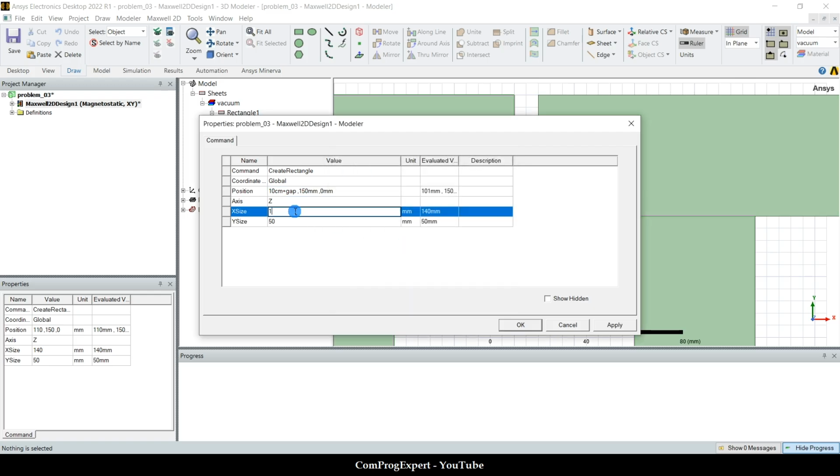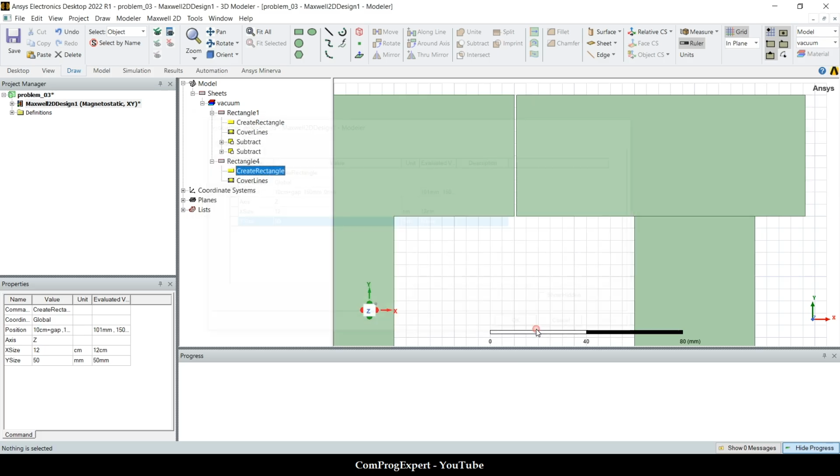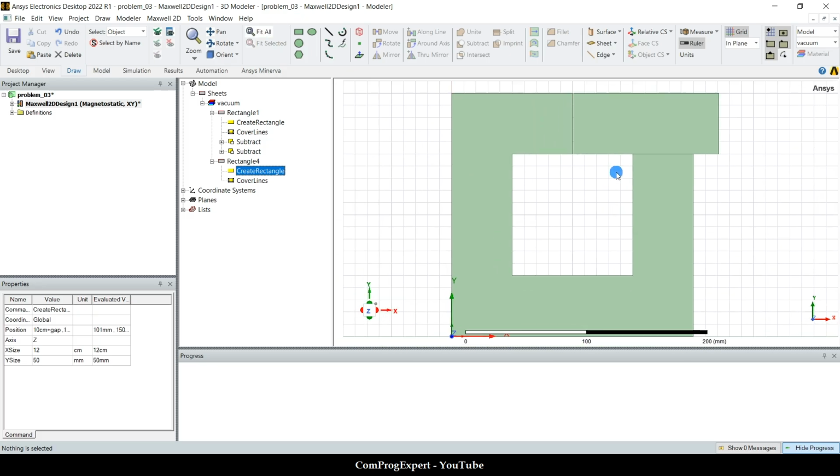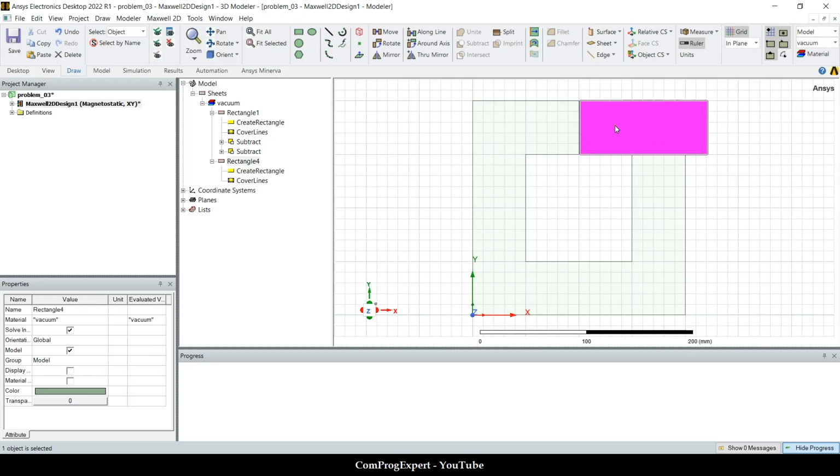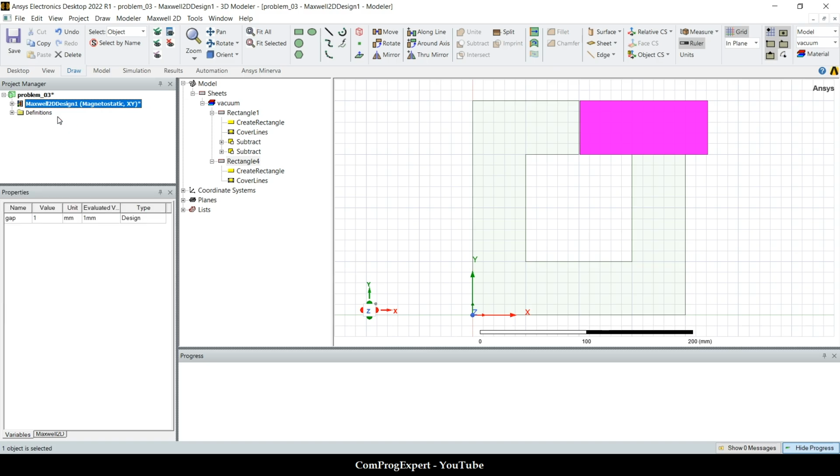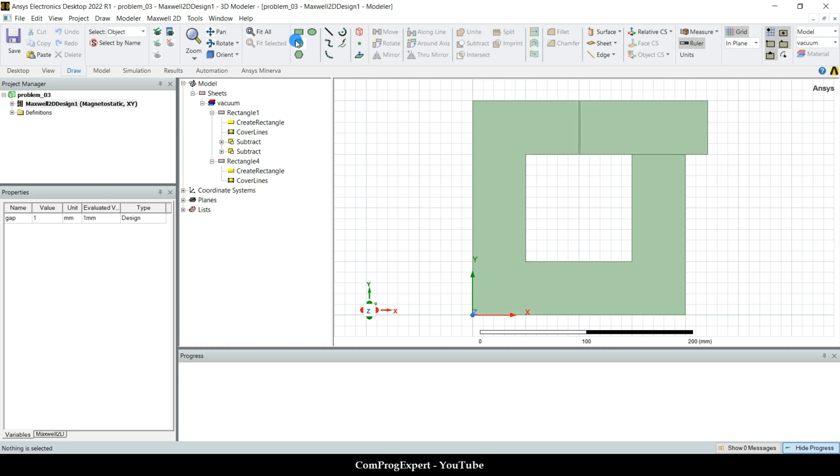X size equal to 12 centimeters. Okay, so we have created this structure. This is the moving part. You can see this variable that we defined. If I set the value of the air gap equal to 10, we can move this object.